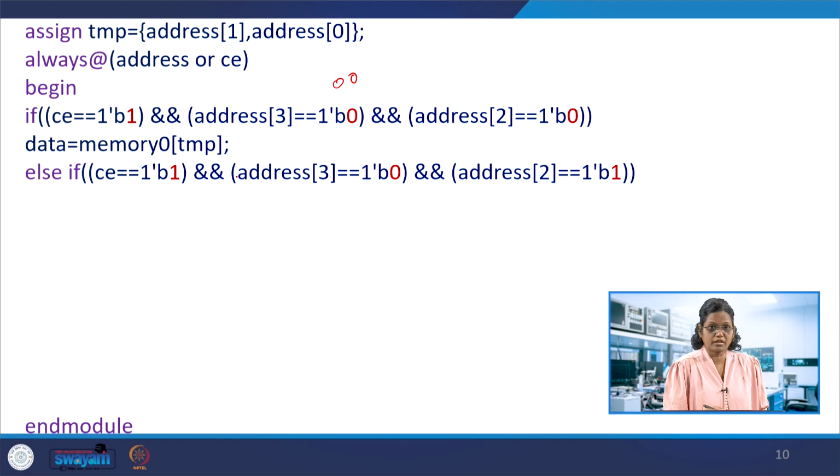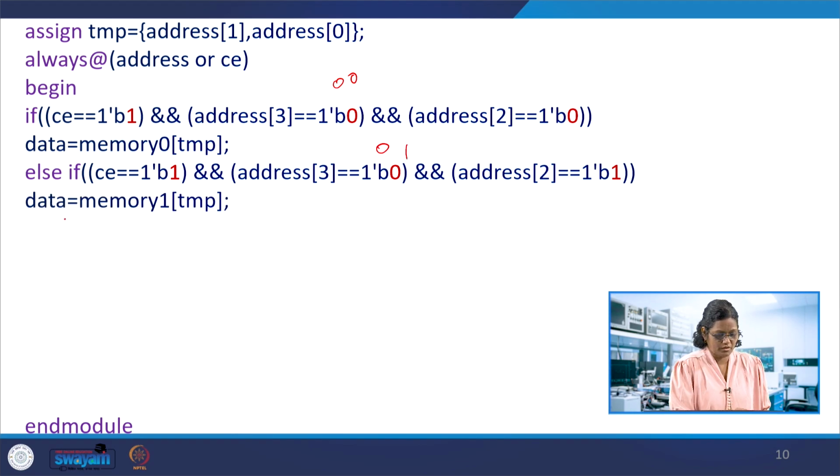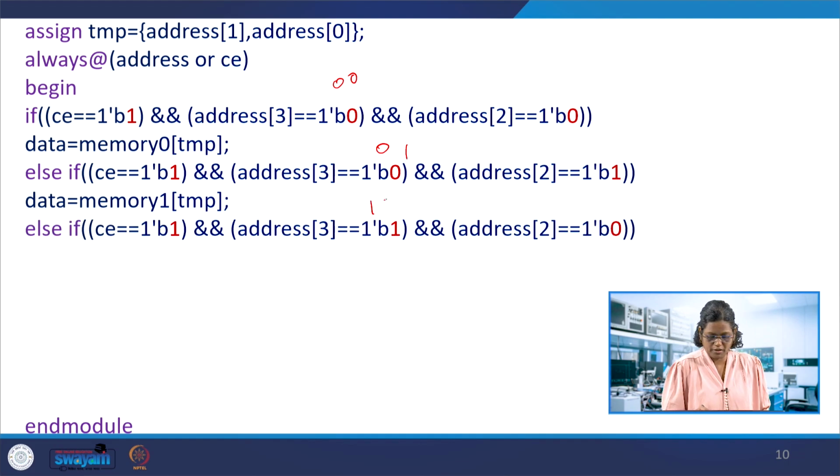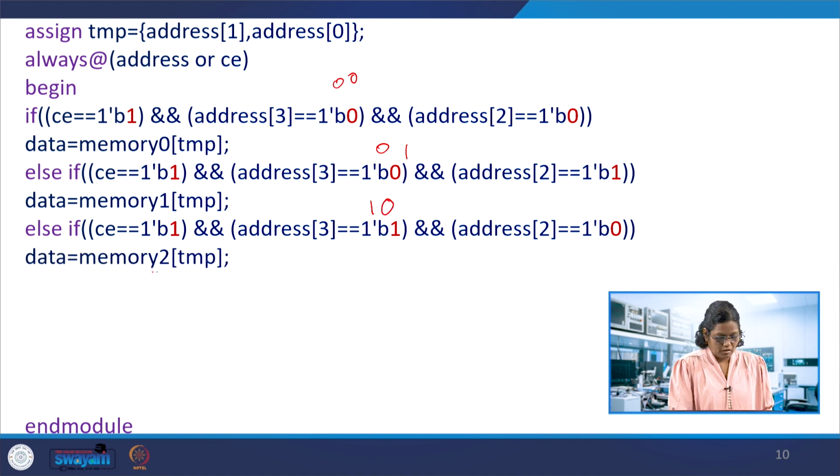This is a priority structure with else if. Again, we have the 0 1 condition, which chooses the second memory, and memory 1 is stored in the data. That is the temp which is storing. Else if, the third memory, that is 1 0, takes memory 2, which is named as memory 2, and the data is assigned.